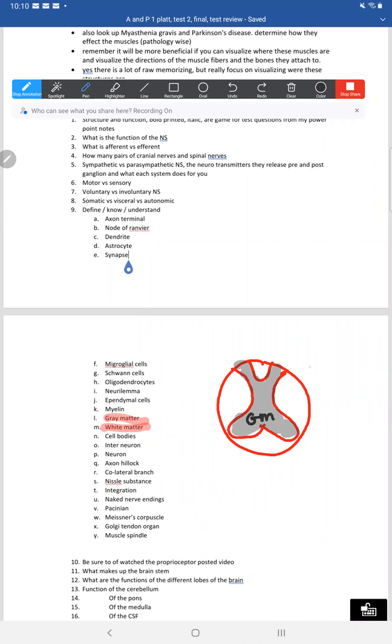Gray matter. And everything else was the white matter. White matter because it is made of myelin, and myelin is a fatty type substance, so it just has a whitish appearance. Gray because there's a bunch of cell bodies, so it gives a gray appearance.